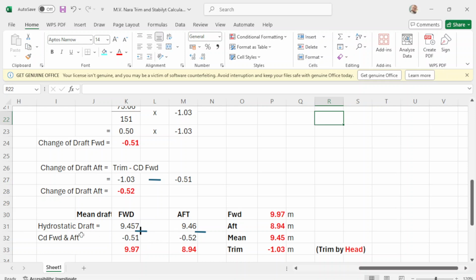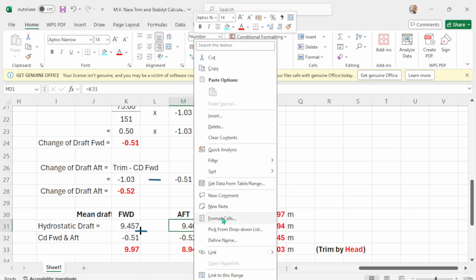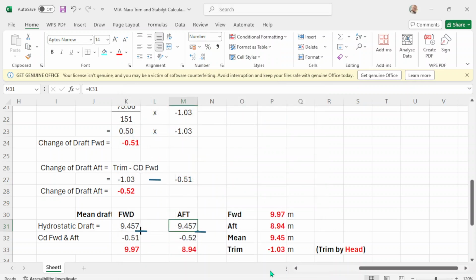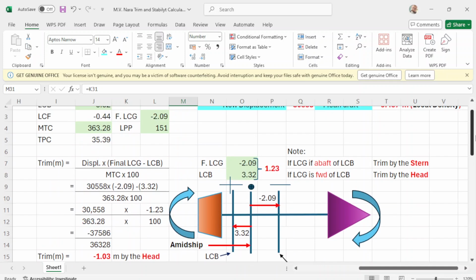So your hydrostatic drop is 9.457 forward, and up will be 9.457 up, which is your mean drop.